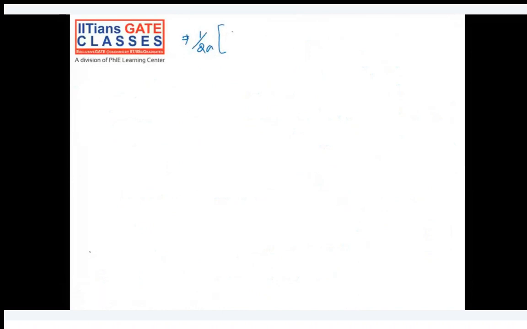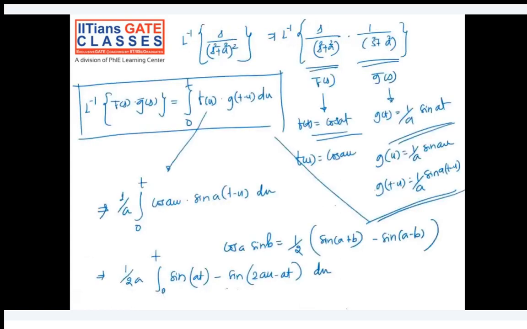So sine of at into u plus integration of sine of (2au minus at), which is minus cos of (2au minus at) by 2a, and minus minus will become plus. So that's why it is like this.